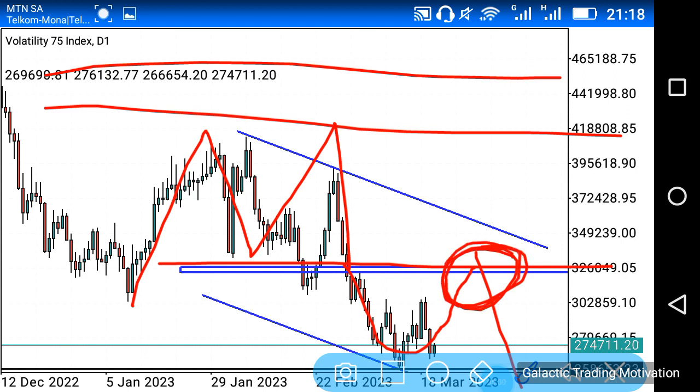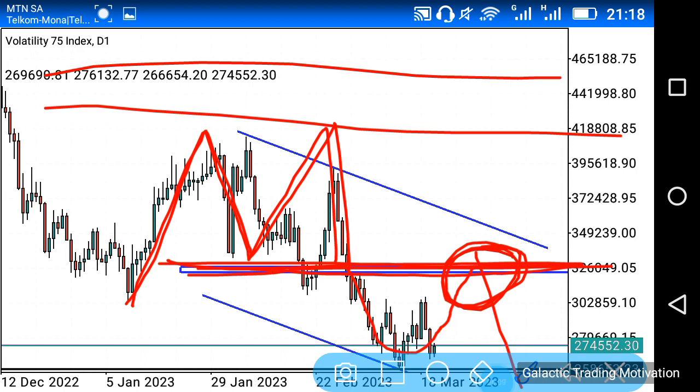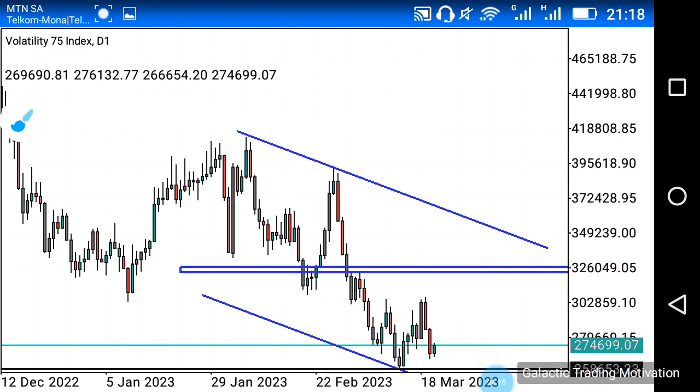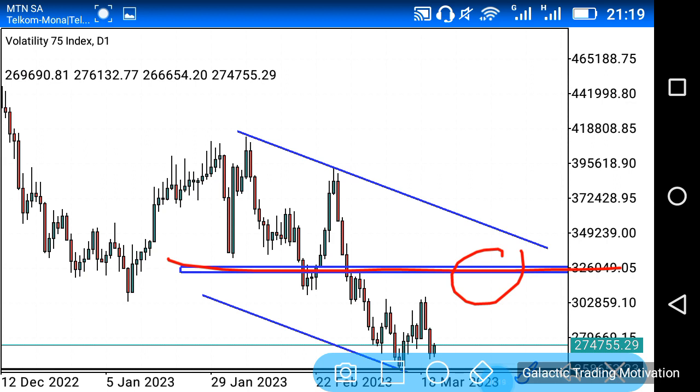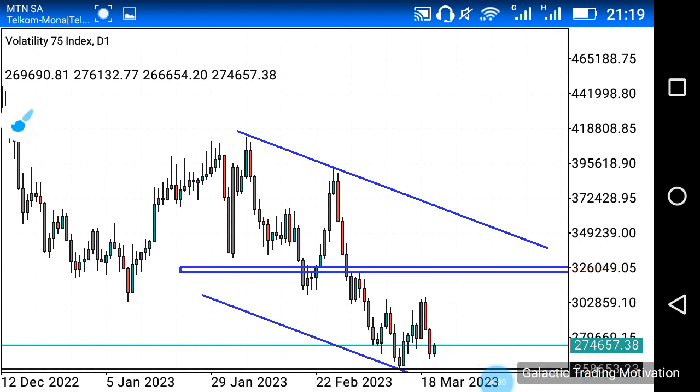That's because it's the neckline of this M structure, and it's also a very strong level of resistance, because we've had multiple rejections at this point over here, and should price from where it is head up to this level, at this level is where we would look for those potential selling opportunities. We're not just gonna sell, we're gonna look for more reasons for why at this level we should potentially be selling, right? Anyway, let's proceed guys.